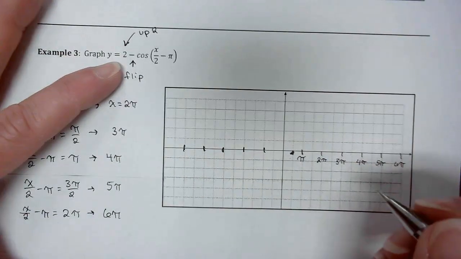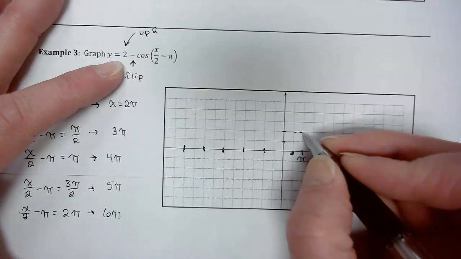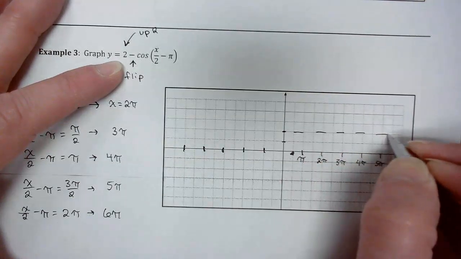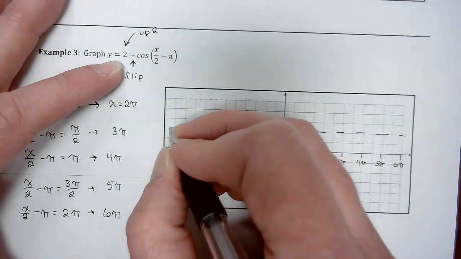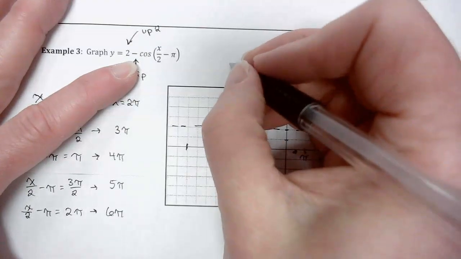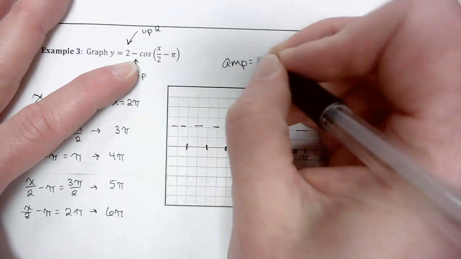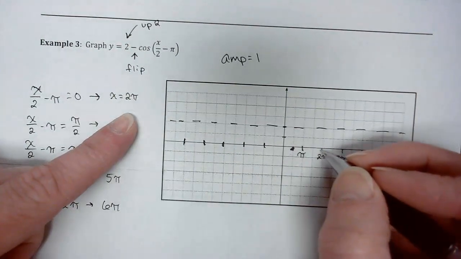Now we're up 2 spaces. So up 2, this is my midline. What is my amplitude, by the way? Well, there's no number in front of cosine, so the amplitude is just our basic 1. Normally, let's see, where are we starting at? We're starting at 2 pi.